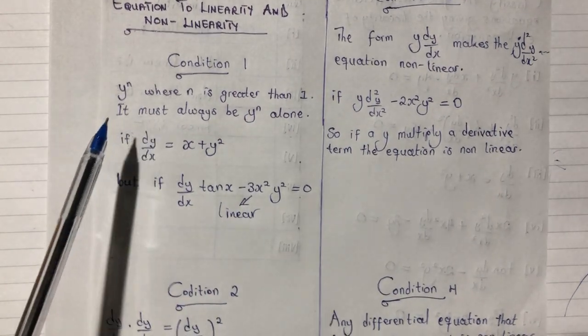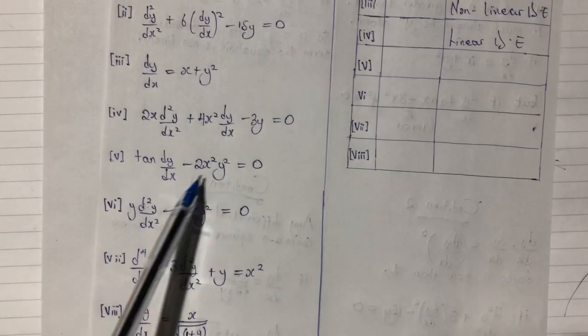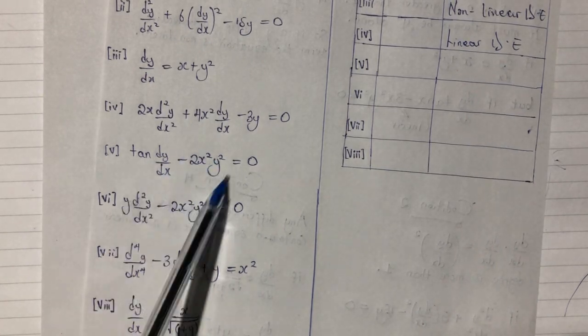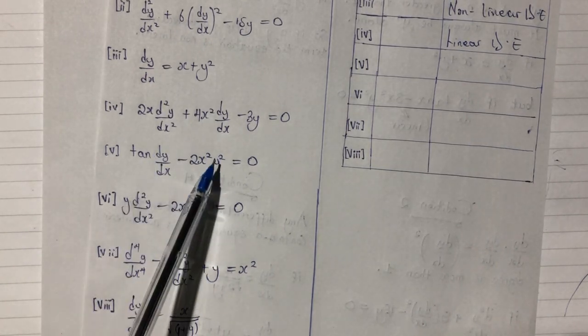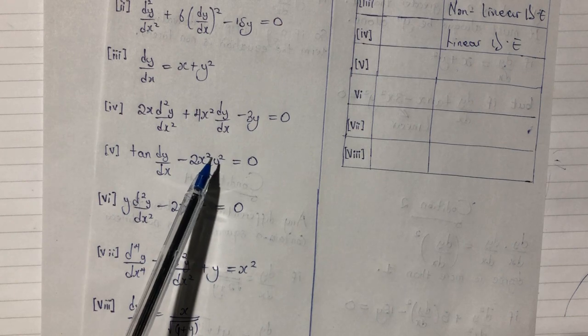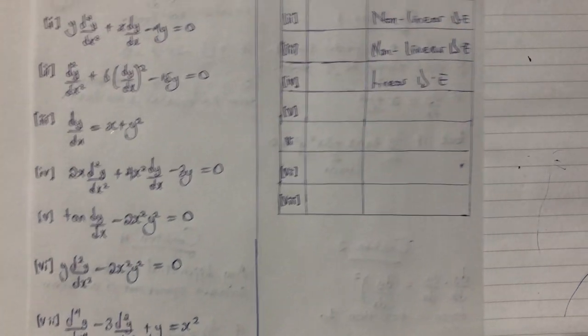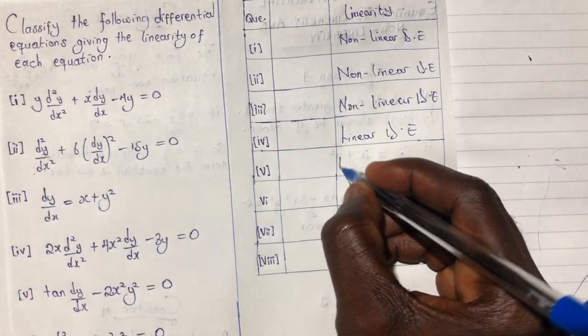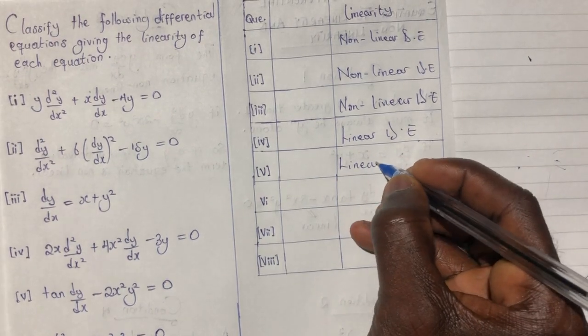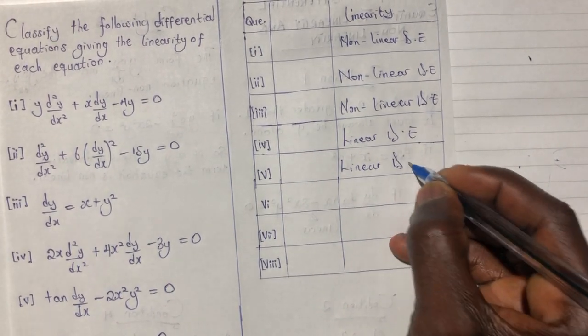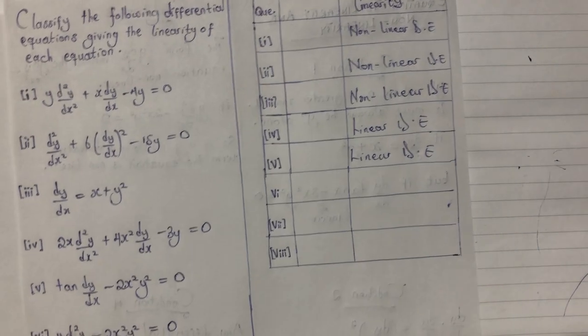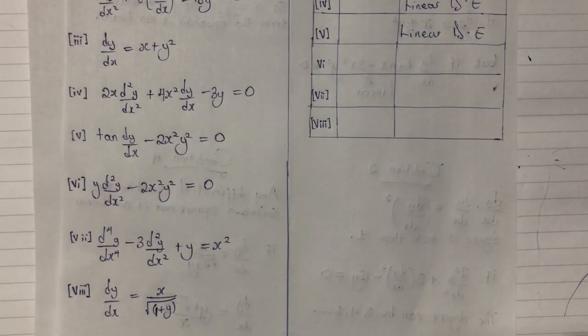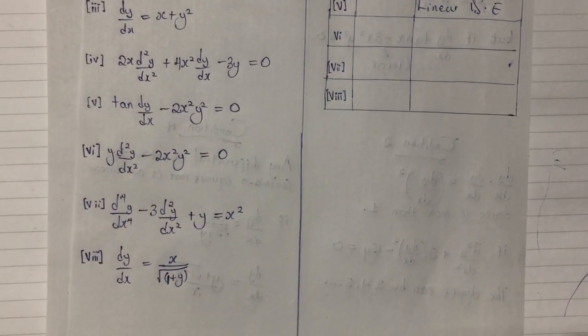It must stand alone. So this is not a condition. The condition that we were looking for is not here. So this is also a linear differential equation. So we will write here linear differential equation.